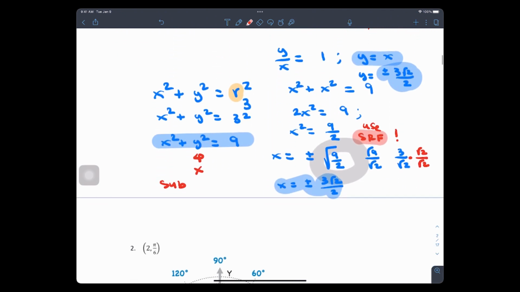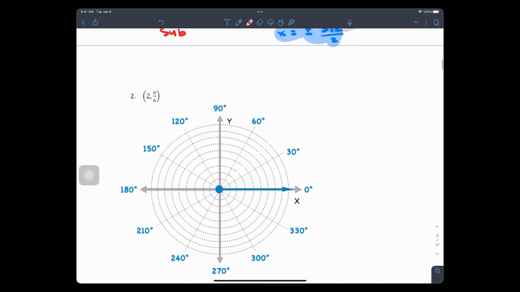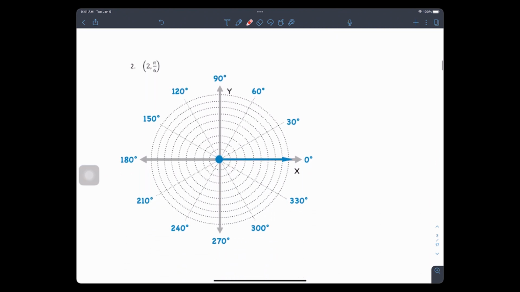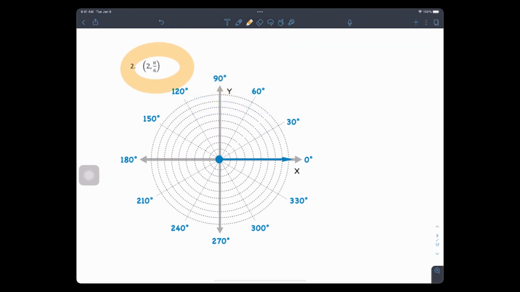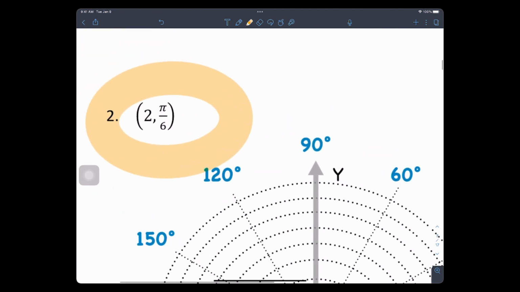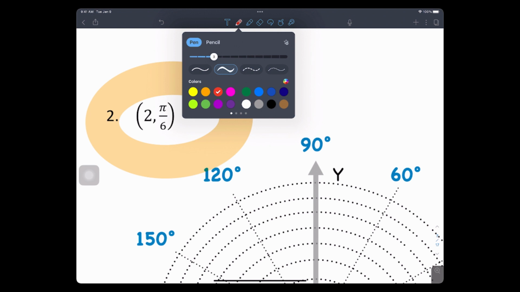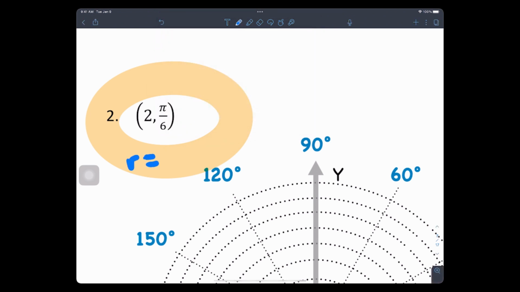All right. We're going to try that one again. Okay, we're going to go through that algebra again. They're giving you here, so you guys know, what is this? That is polar coordinates, where the radius is 2 and the angle theta is pi/6, which is 30 degrees.